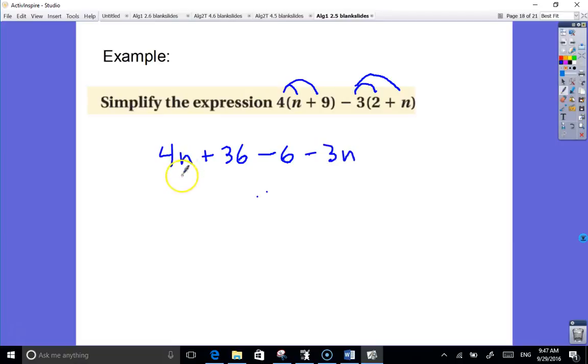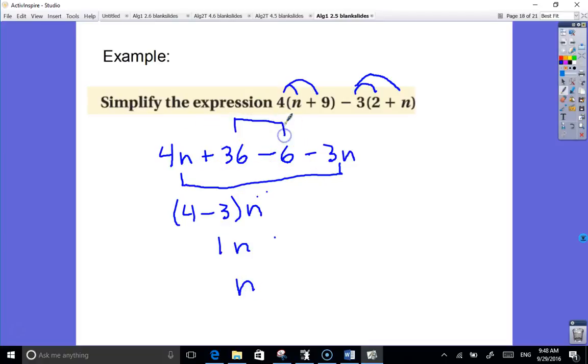How do you combine the 4n minus the 3n? You add or subtract the coefficients. So that's 4 minus 3 times n, which is 1n, and 1n equals n. So you just say n. Then what is 36 minus 6? 30. So n plus 30. First you do distributive, then you combine like terms.